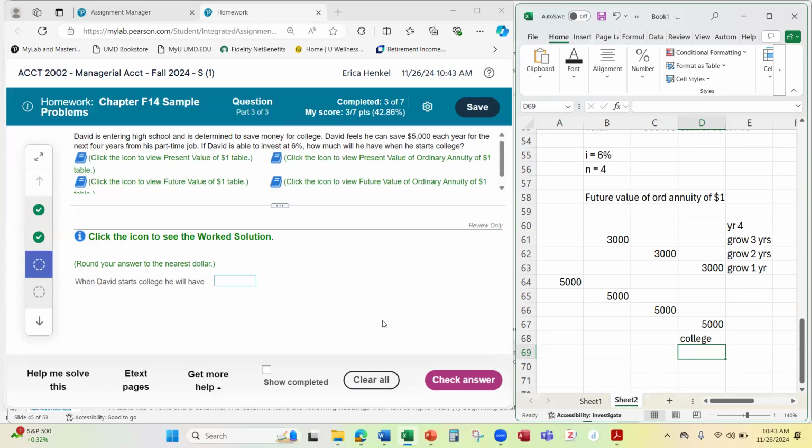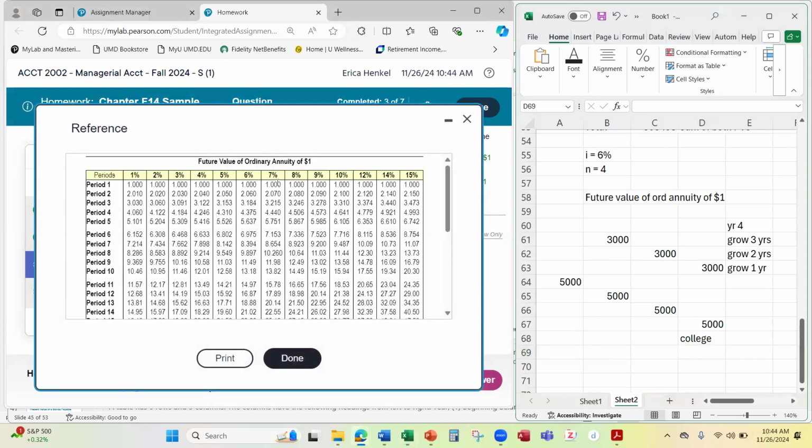Regardless, we're going to use this future value of an ordinary annuity table, which will calculate that growth for us. So we're going to take the principal and we're going to say, he's got 6% per year for 4 years. So 6%, 1, 2, 3, 4, 4.375.